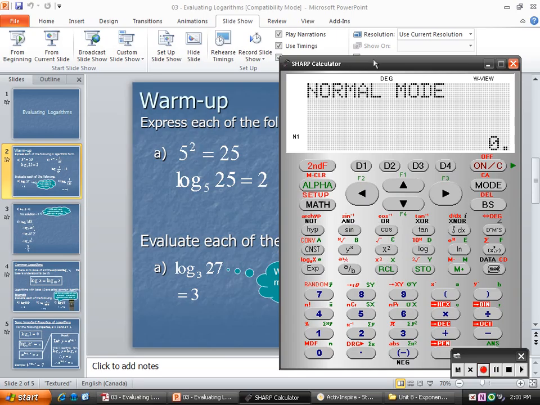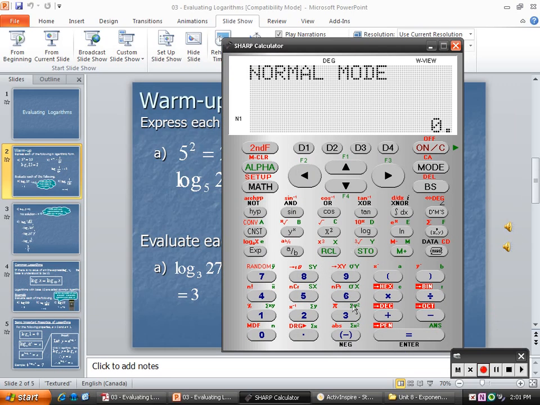But if you didn't know it was 3, what power do I put on 3 to get 27? Well, let's say I didn't know. So I put on 3 to the power of 2. I think maybe the answer is 2. Backspace. 3 to the power 2. Answer 9. It's not 9.